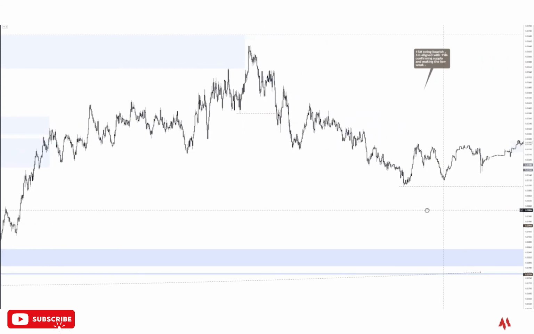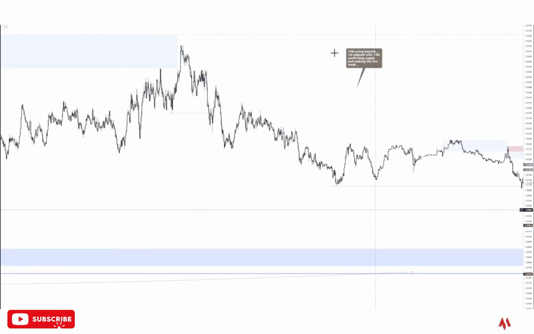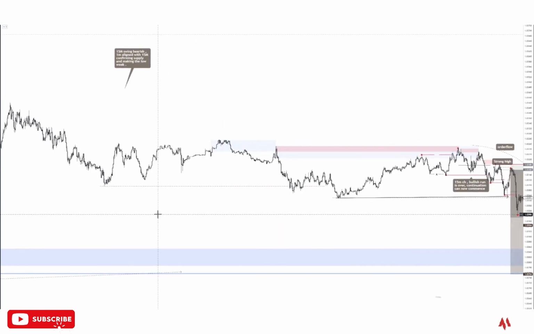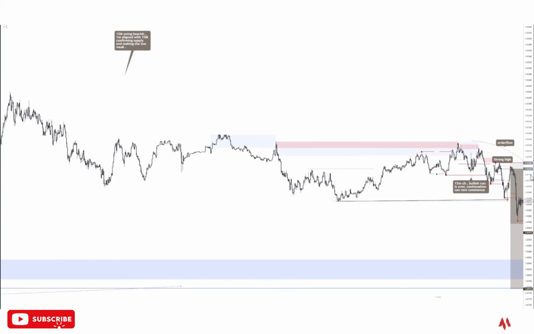And heading into Friday, we already had our first sign of weakness from our 15 minutes extreme supply. And heading into Friday London session, we've been having a series of lower high and lower lows from our internal structure.